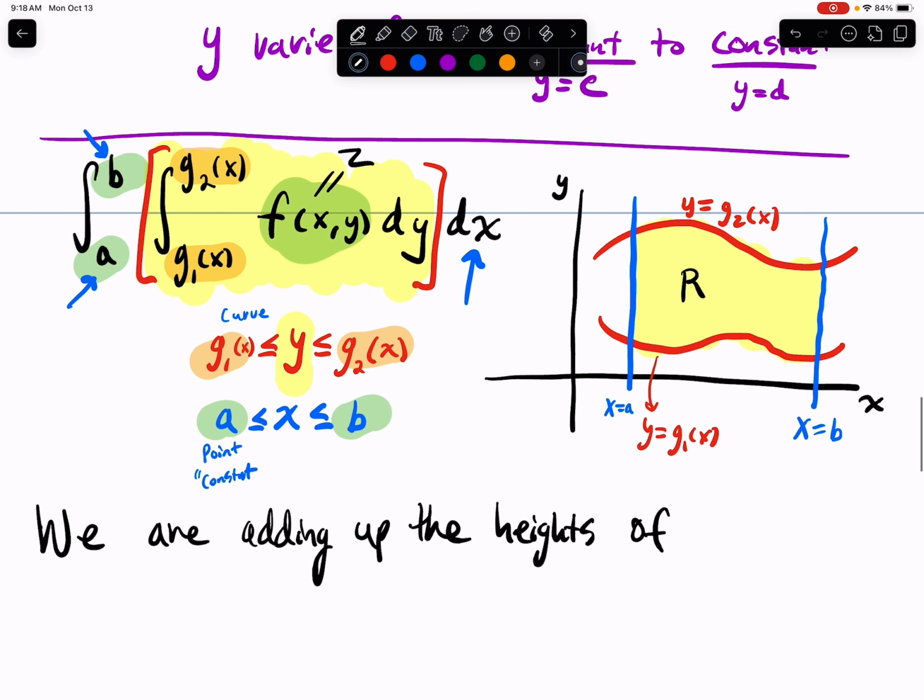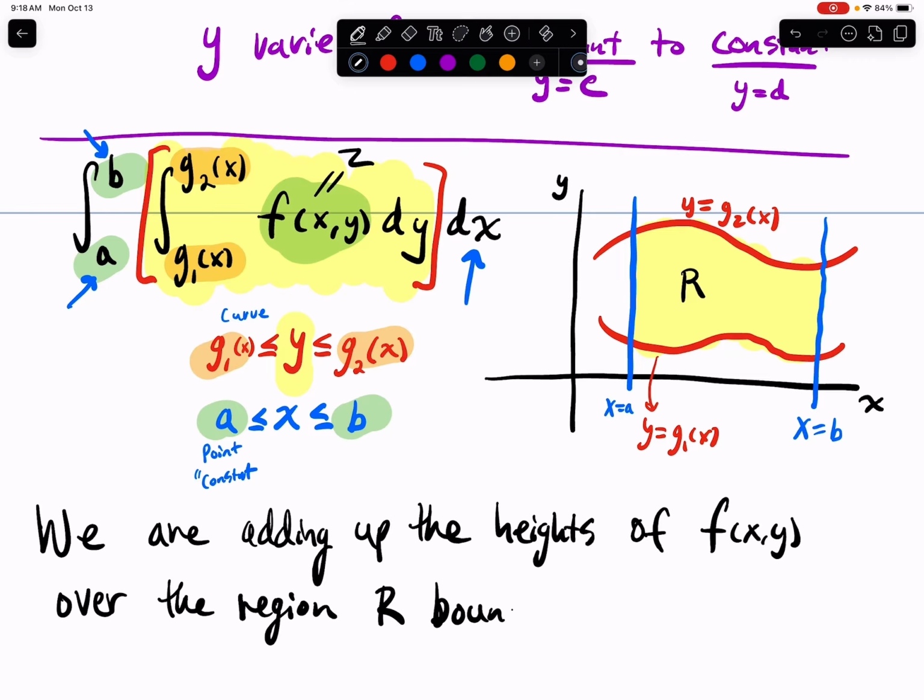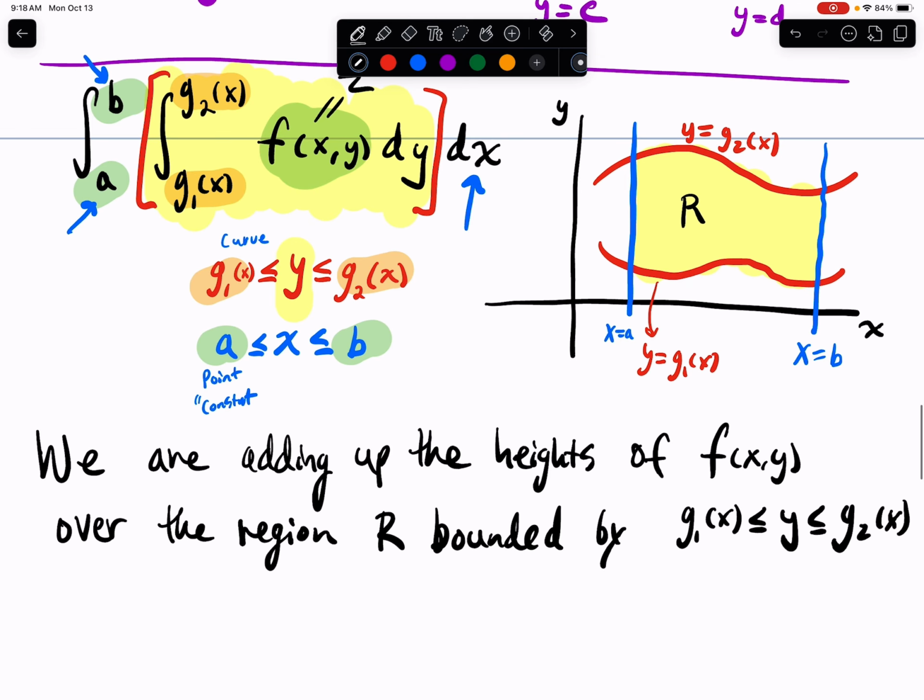So we are adding up the heights of f of x y over what region? Over the region R bounded by g1 of x less than or equal to y less than or equal to g2 of x, and a less than or equal to x less than or equal to b.